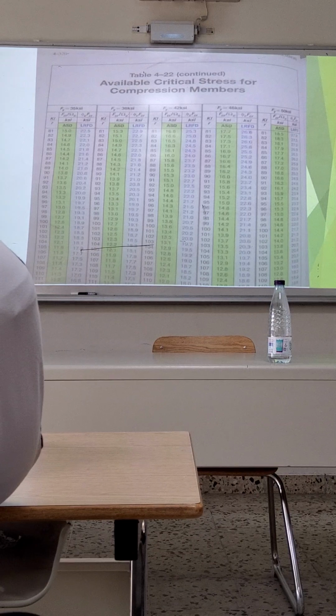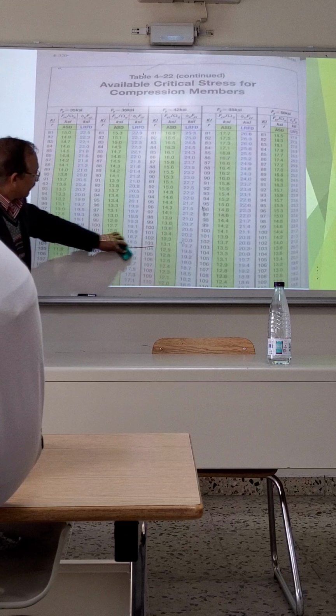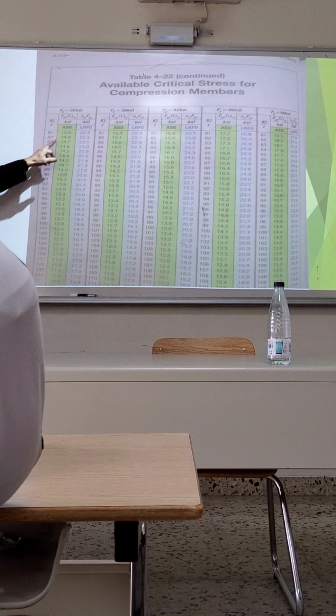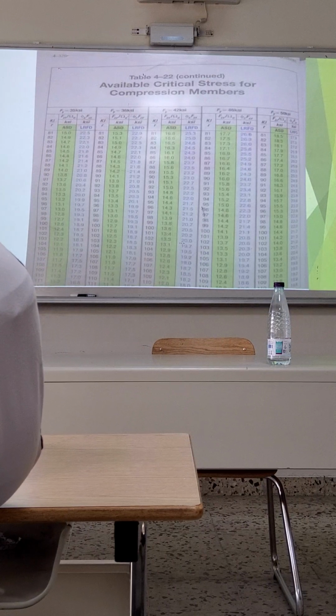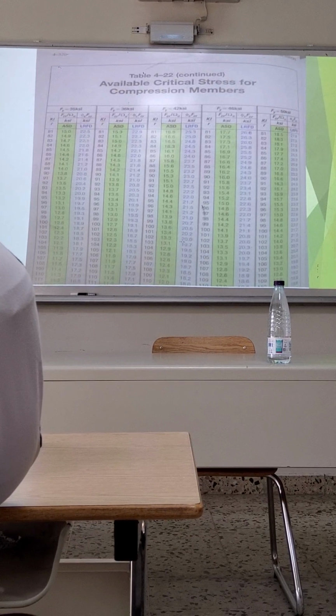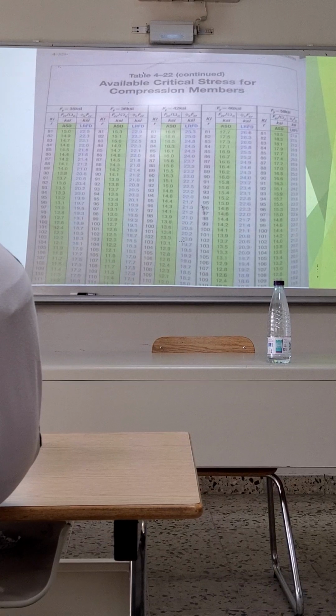So you will be using this column, not this ASD, which is allowable stress design, which is obsolete. People are not using this method. Those who might have developed their literature review in design project 1, they write all these things, LRFD or allowable stress design.